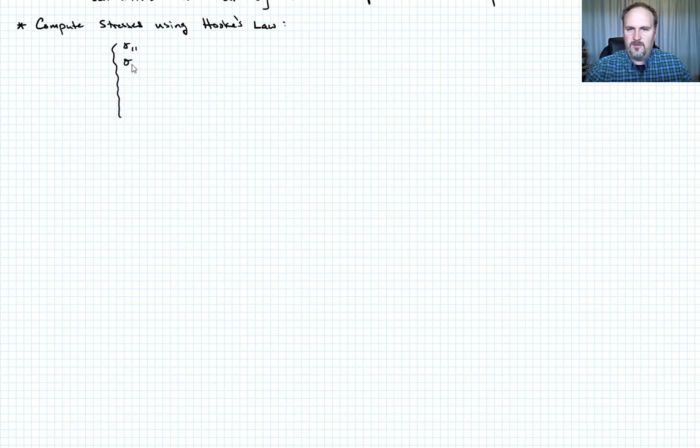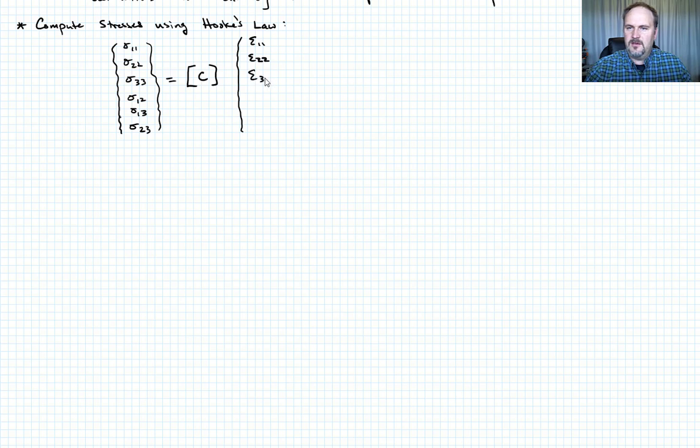We'll say the order is sigma 11, sigma 22, sigma 33, sigma 12, sigma 13, sigma 23, going to be equal to C, the stiffness matrix, times the strain vector: epsilon 11, epsilon 22, epsilon 33, 2 times epsilon 12, the engineering shear strain, 2 times epsilon 13, and 2 times epsilon 23. That's how we're going to define it in this class. We'll call that equation 7. And C here is our 6 by 6 symmetric stiffness matrix.